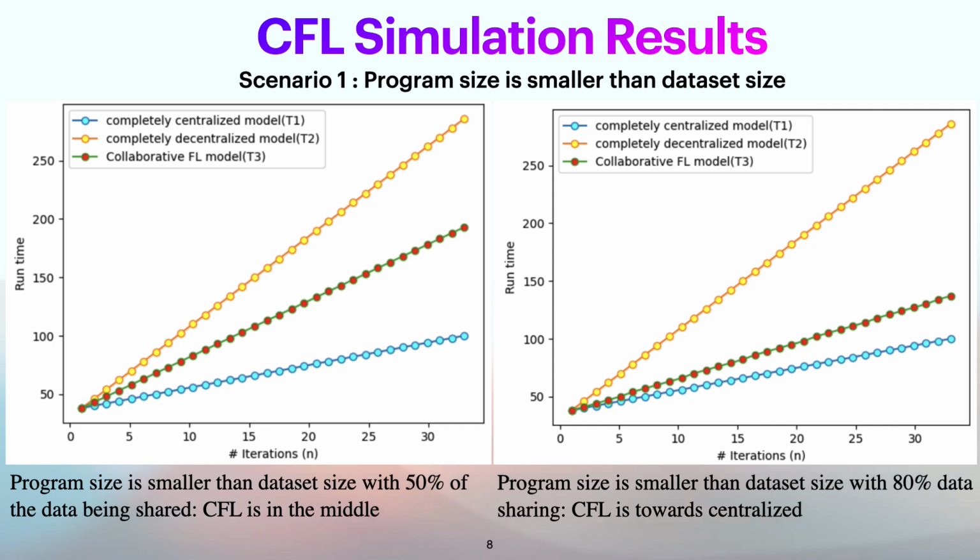In the 50% case, collaborative federated learning, the red dotted line, is in the middle between centralized and decentralized. However, at 80% data shared, collaborative federated learning is more towards centralized, and this happens when the program size is much smaller than the data set size. This is the first case.